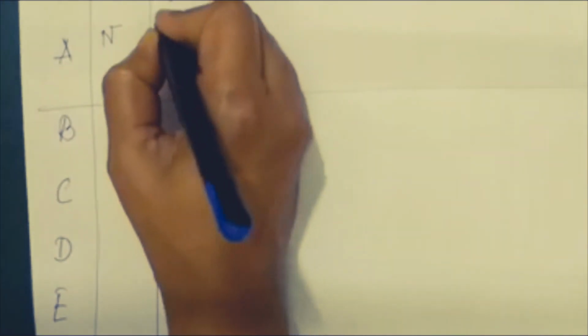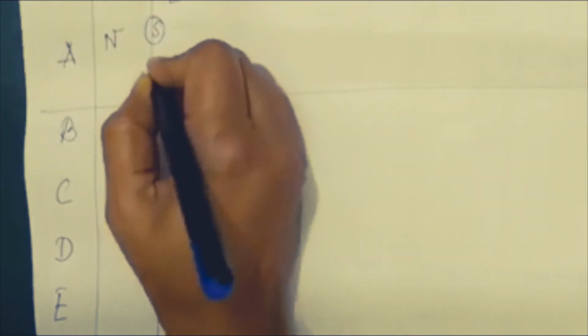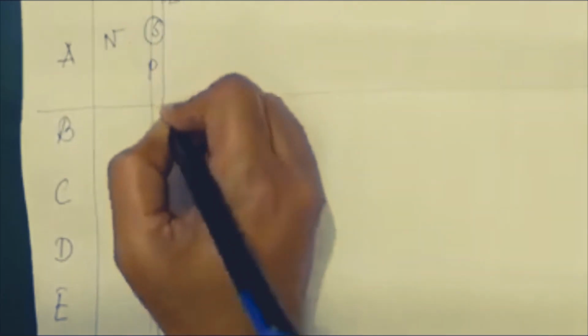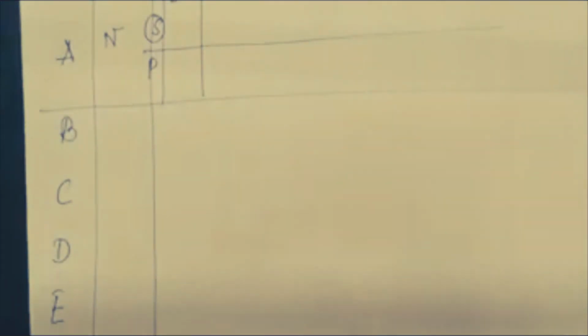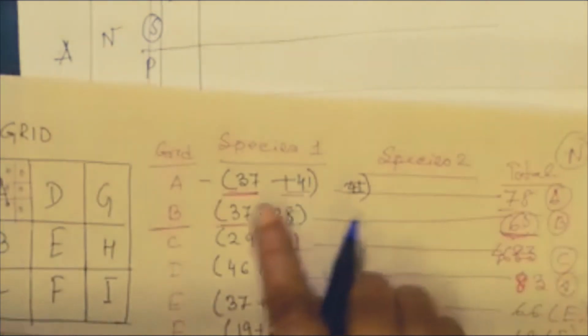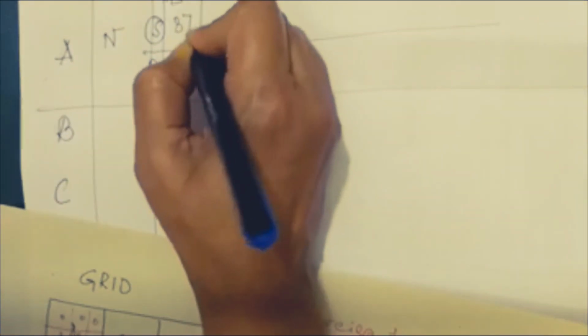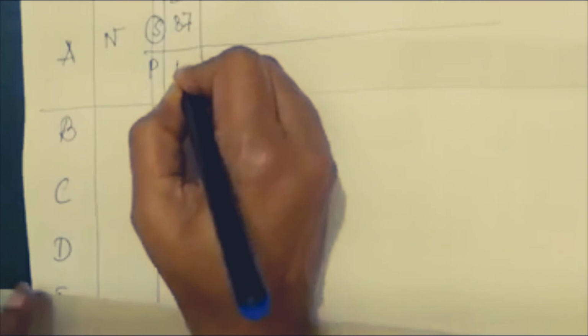There are two types of species, that is shal and polus. The number of shal trees from the count is 37. The number of polus trees is 41.